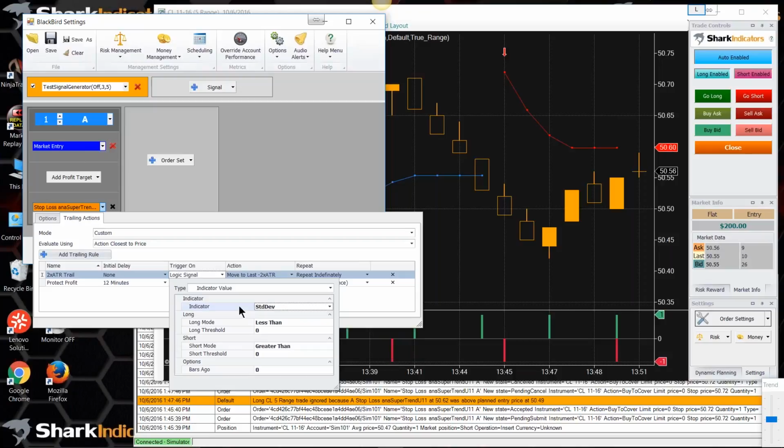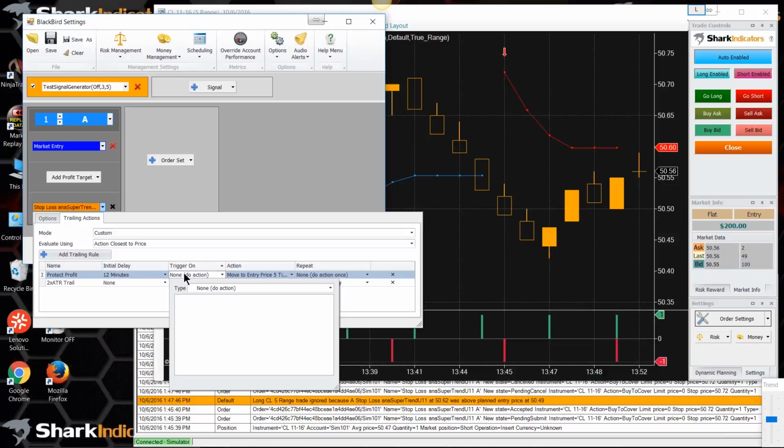Remember, factors are multipliers. I could say if my standard deviation got greater than, I don't know what would be a good value, but say 0.5 for a long signal, or 0.8 for a short signal. So if my standard deviation got really big, that would trigger this trailing rule as well.